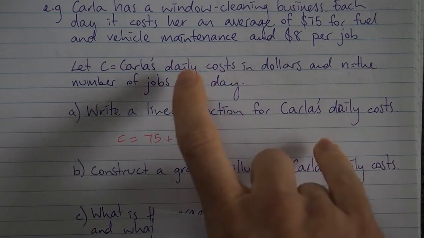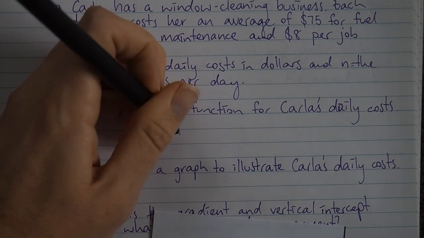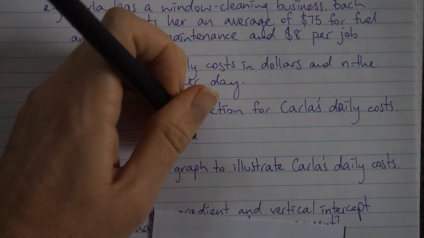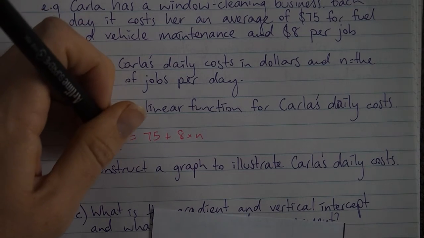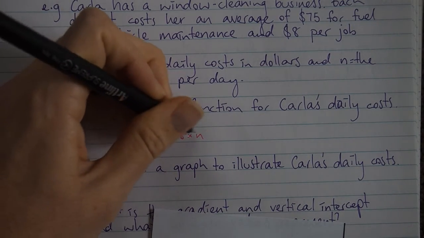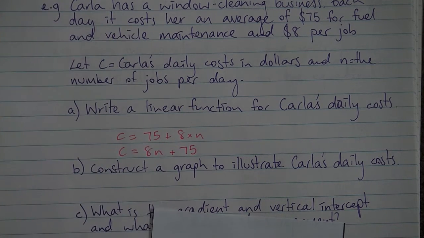Remember, we're using N to represent the number of jobs. So it's going to be 75 plus 8 times N. We want that written in a familiar format, so we'll simplify and rearrange it: C is equal to 8N plus 75.